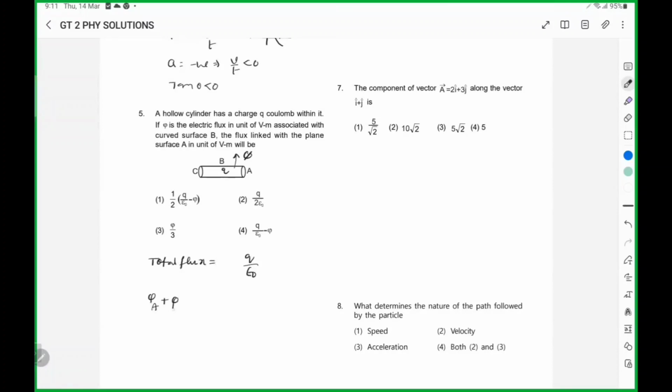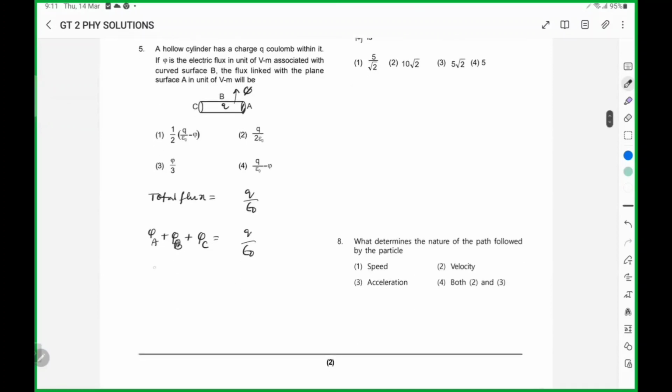One is through this surface A, other is through surface B, other is through surface C, which is q by epsilon naught. So through this surface or through this surface, flux will be equal. So 2 times phi A plus through surface B, it is given that phi is the flux. Phi A will be q by 2 epsilon naught minus phi divided by 2.